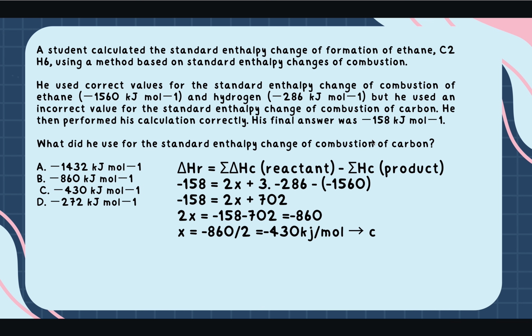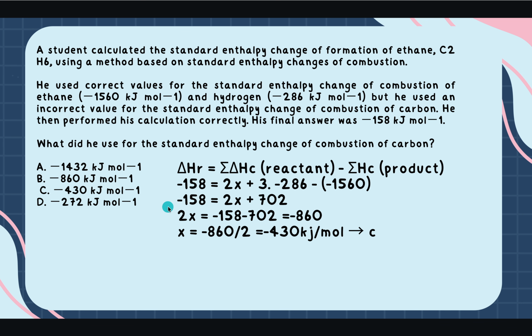To find the answer to this question, we use this formula here. Now we insert the delta H of reaction, which is minus 158 kilojoules per mole. It equals the sigma enthalpy change of combustion of the reactants, which is 2x plus 3 times minus 286, minus the sigma enthalpy change of combustion of the products, which is minus 1,560.